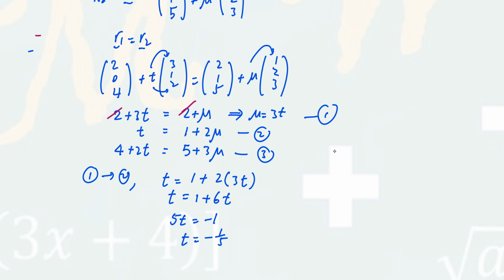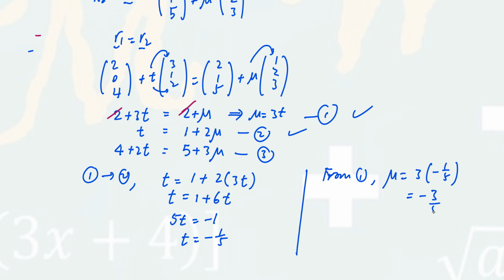So once you have found the t, because just now we used the first two equations, now you have to get the mu from the first equation or second equation. Okay, cannot be using the third. Alright, so now I will be using the first to get the mu. So my mu is 3 times negative 1 over 5.